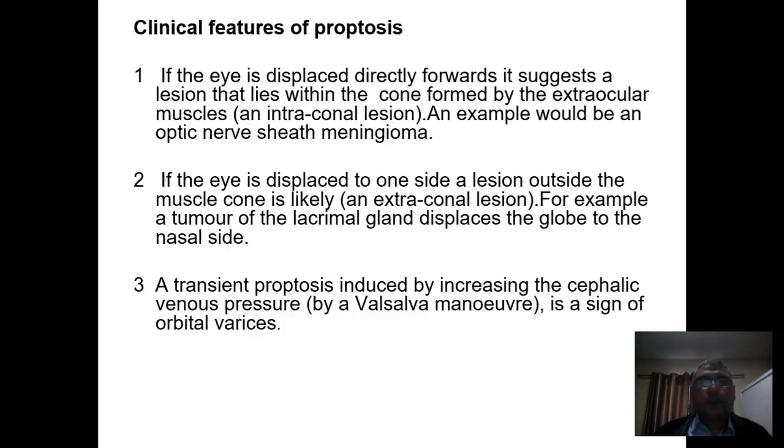So, intraconal lesions will produce forward axial proptosis, for example optic nerve sheath meningioma. Number two, extraconal lesions outside the muscle cone, which is the recti, will produce displacement of the globe in the opposite direction of the swelling.